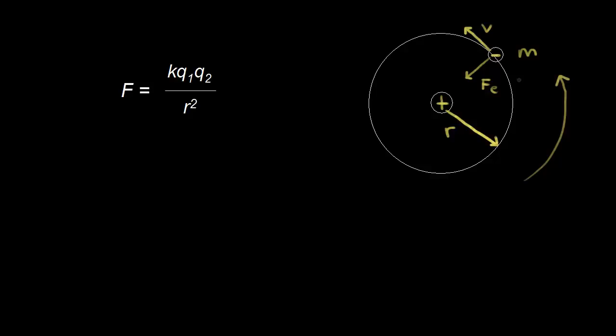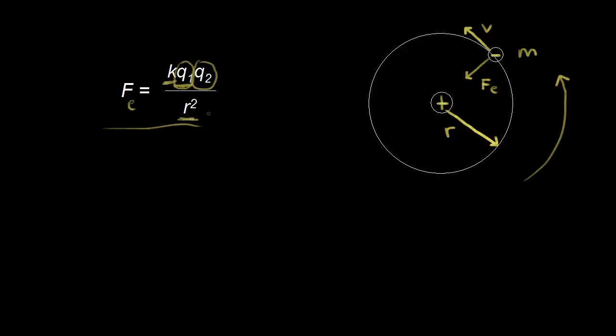We can find the electric force by using Coulomb's law. Over here on the left, this is Coulomb's law. The electric force is equal to k, which is a constant, times Q1, the charge on the proton, times Q2, the charge on the electron, divided by the distance between those two charges squared.